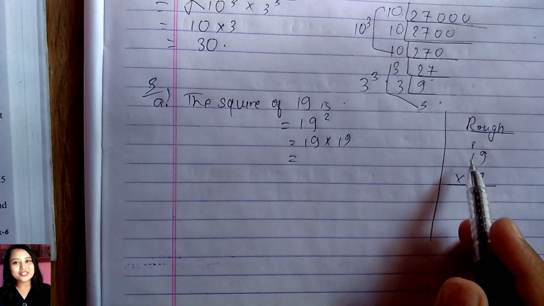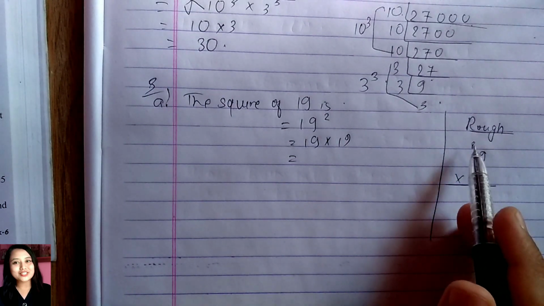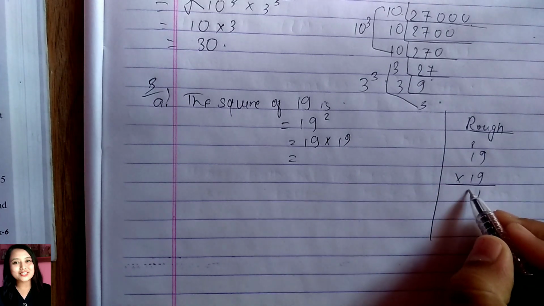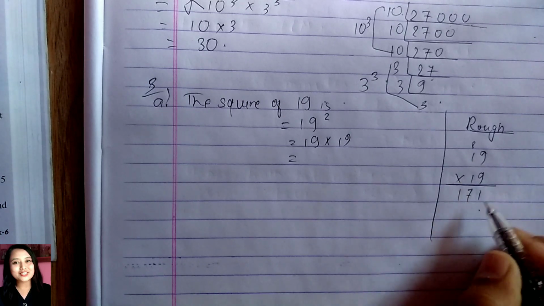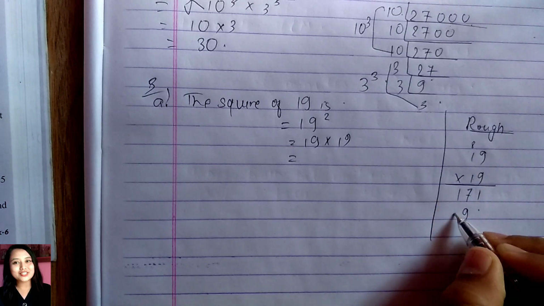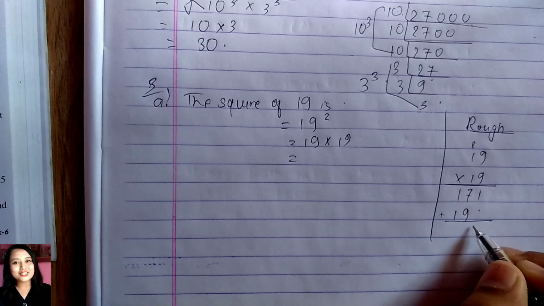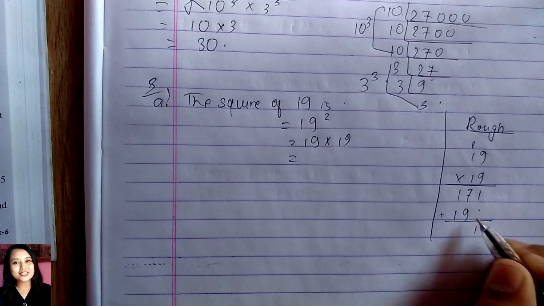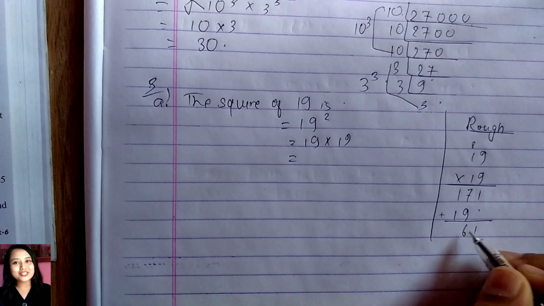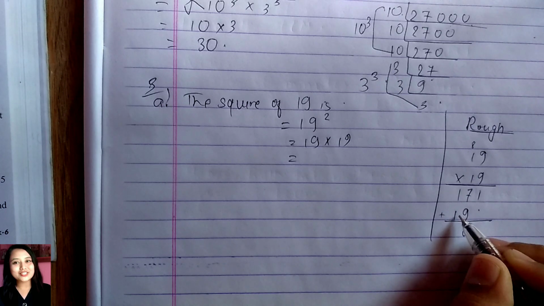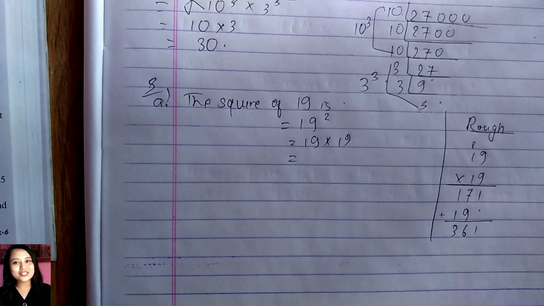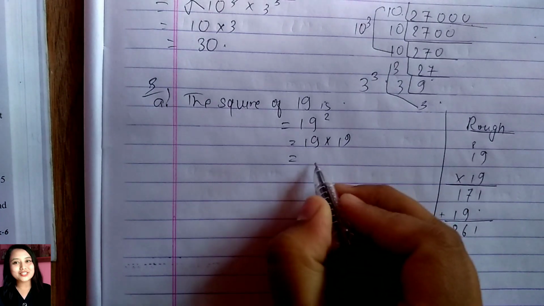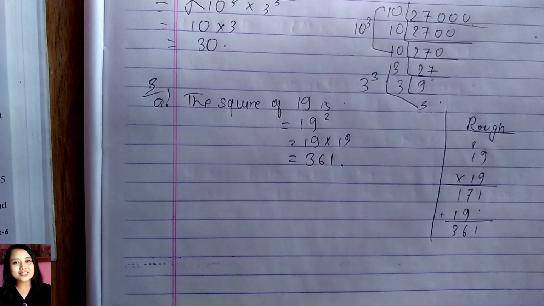Then 9 ones are 9, 10, 11, 12, 13, 14, 15, 16, 17. So 17 will be here, and here 1 9 is 9, 1 1 is 1. Now we'll just add it. 1 will be similar here, 7 plus 9, 14, 15, 16 will be here, and 1 plus 1 is 2, and here the carryover was there, so 361. So the answer is 361.